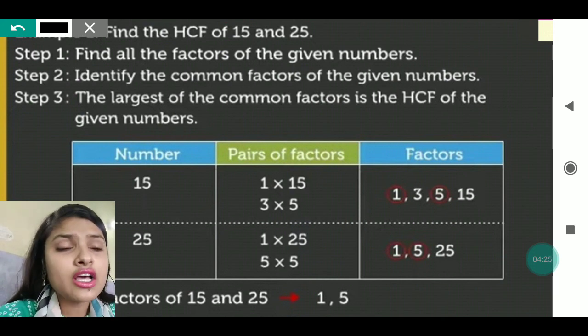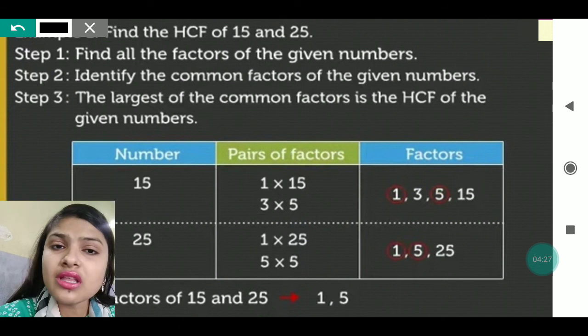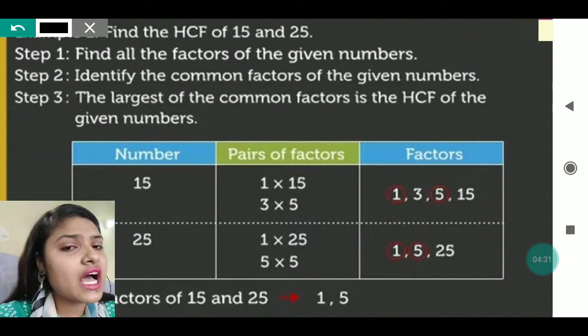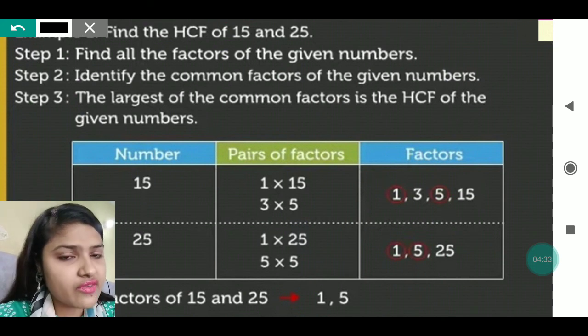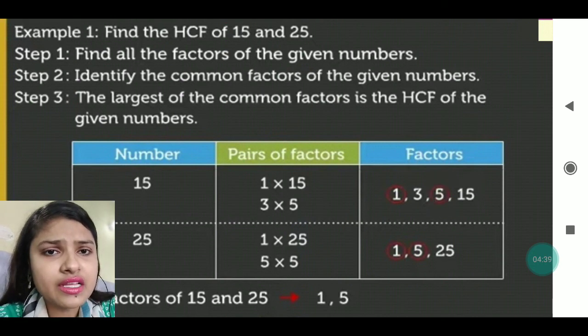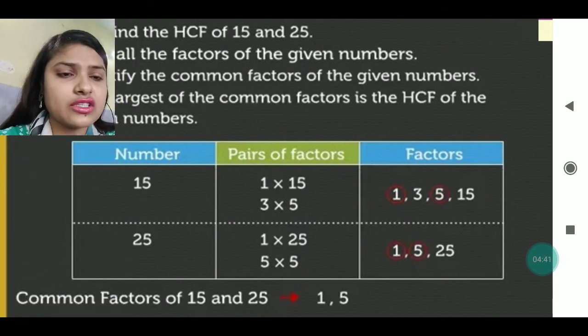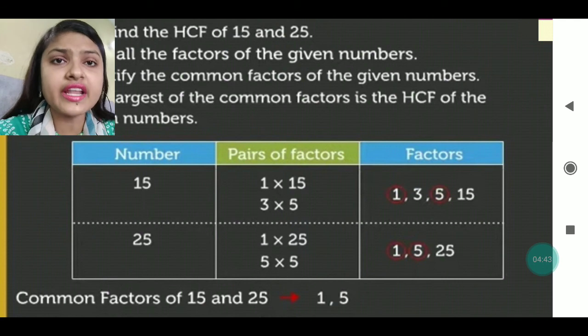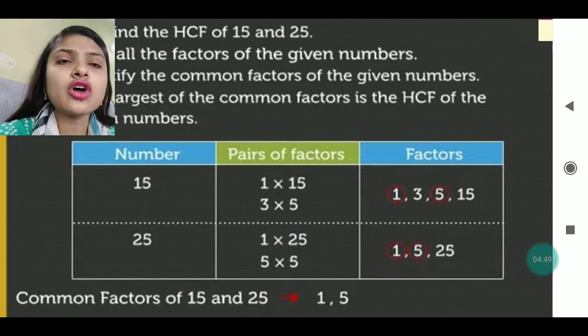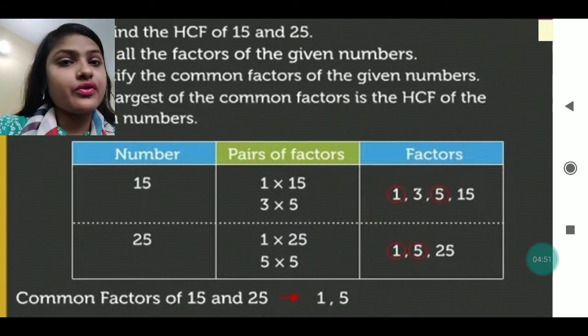So how will you find it? You have to compare both sets of factors and see which is the highest common factor. Which is the highest common factor you are seeing? 5, obviously. So this 5 will become the highest common factor. You can see downside I have written: common factors of 15 and 25 are 1 and 5, and the highest common factor of these two is 5.